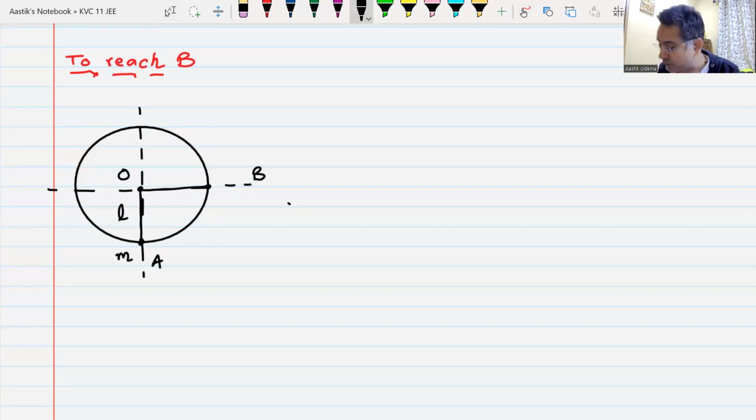Can you tell me what should be the condition that it just reaches point B? To just reach point B, it should not go any further. To just reach point B, what would be the condition? Anyone?